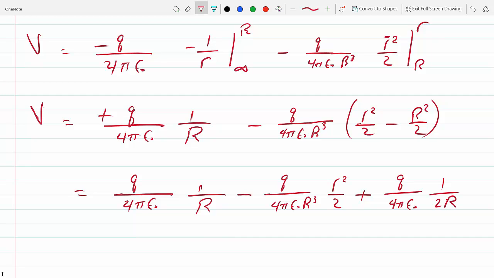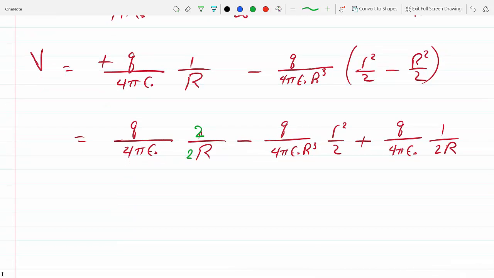And here we have 1 over R, so we can multiply this by 2 and this by 2, and if we add them we get 3.